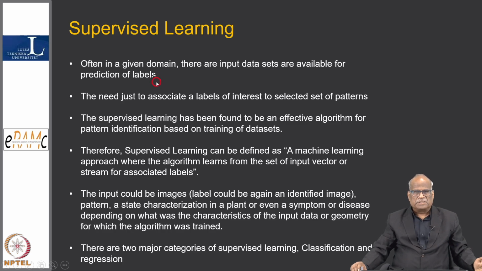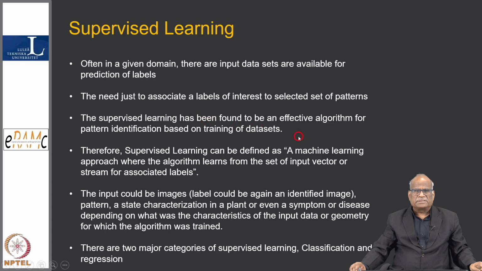So in supervised learning, labels are there for the data at the outset itself, and we train the neural network in identifying these labels. We need an associated label for the various patterns that we are inputting at the input layer.